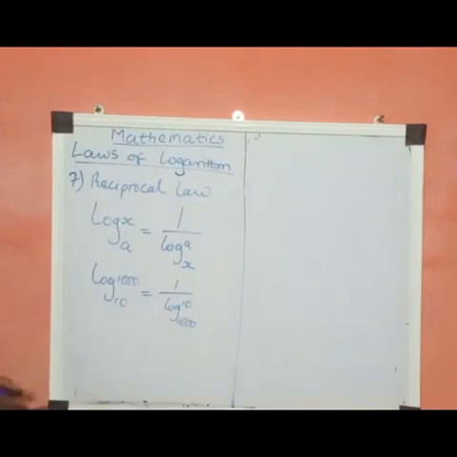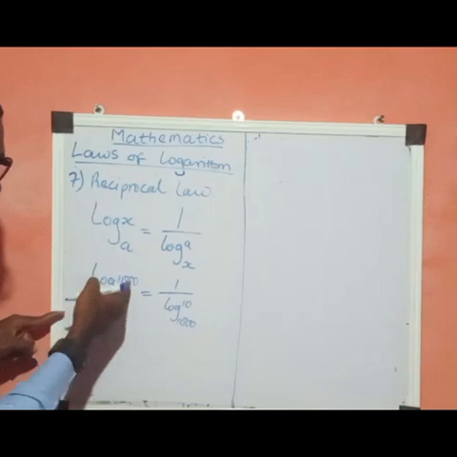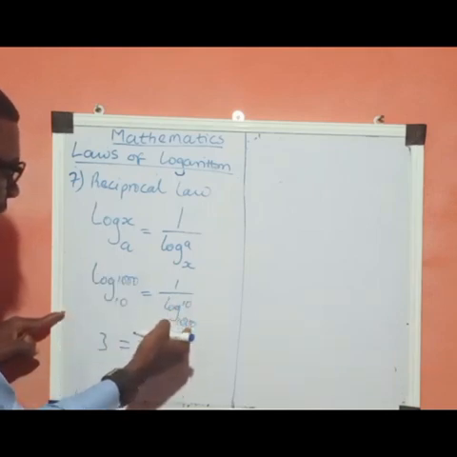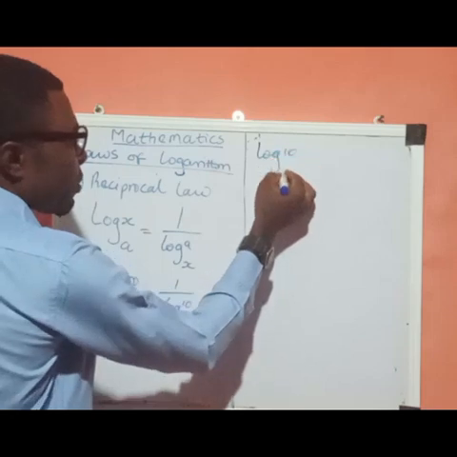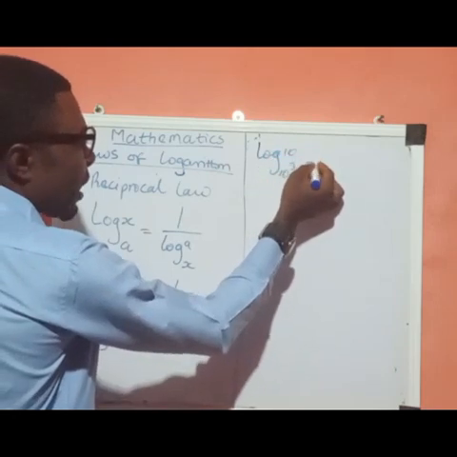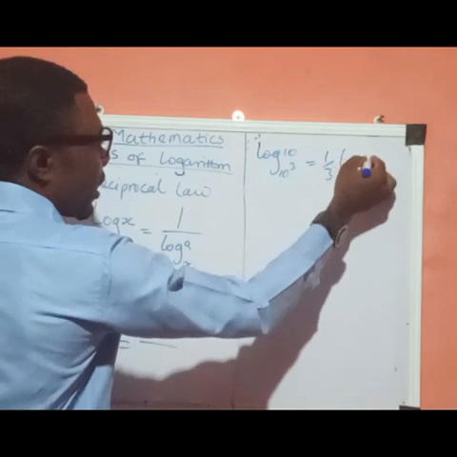Okay, let us see whether that is true. We know that log of 1000 to base 10 is going to be 3 because 10 raised to power 3 is 1000. This is equal to 1 all over log of 10 to base 1000. From what we said, if you have the log of 10 to base 10 raised to power 3, because it is the base that is carrying the power, it will now be 1 over 3 log 10 base 10.